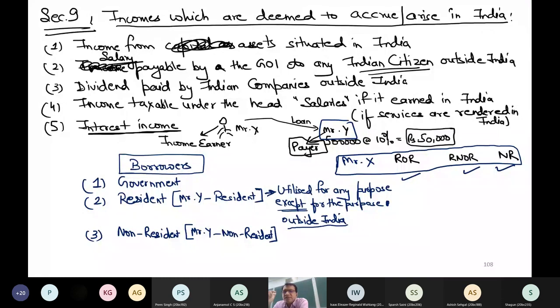Since it is an interest income, I need to refer to section 9. When I referred to section 9, I found that the borrower is a non-resident. So what is the answer now?